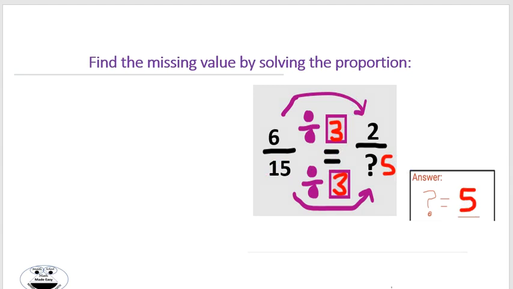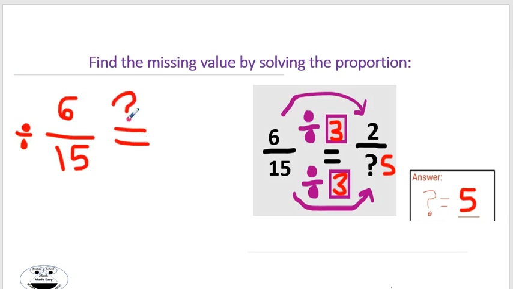And we can always check. What's really cool, a lot of students don't realize this, is this means that these are actually equal. So 6 over 15, 6 to 15, or we can actually put this on the calculator. We can do 6 divided by 15, and we can see, is it equal to 2 divided by 5? Because if our question mark is 5, this line means to divide.